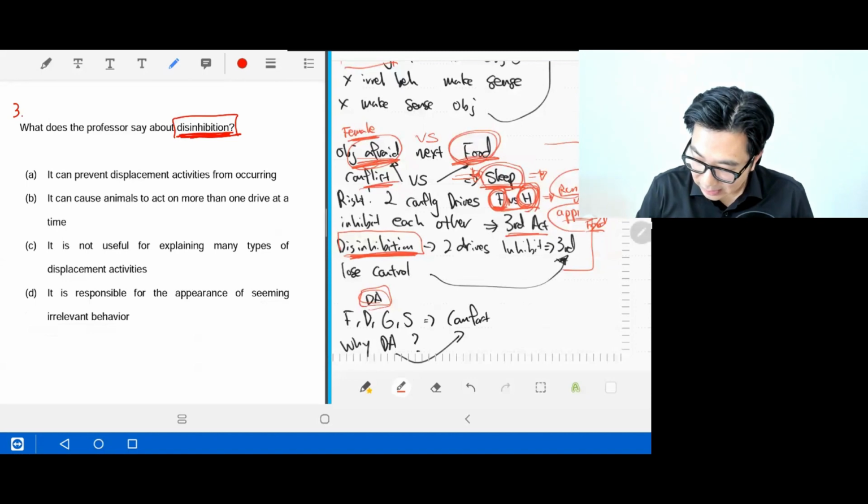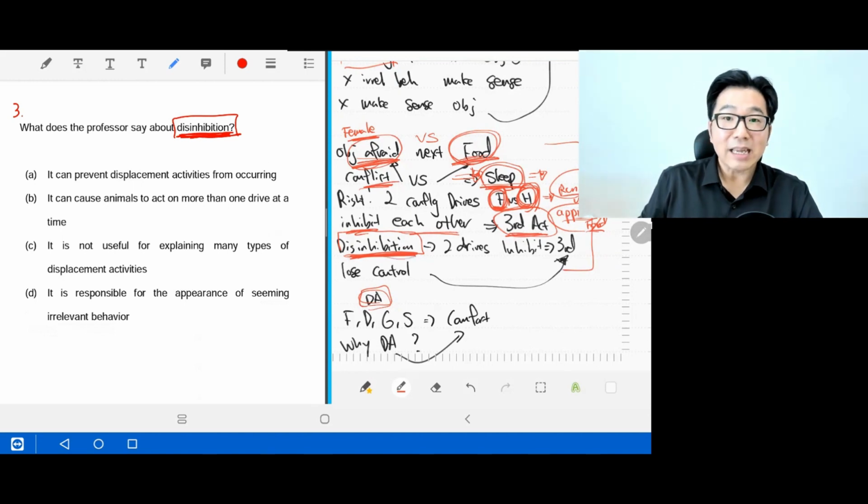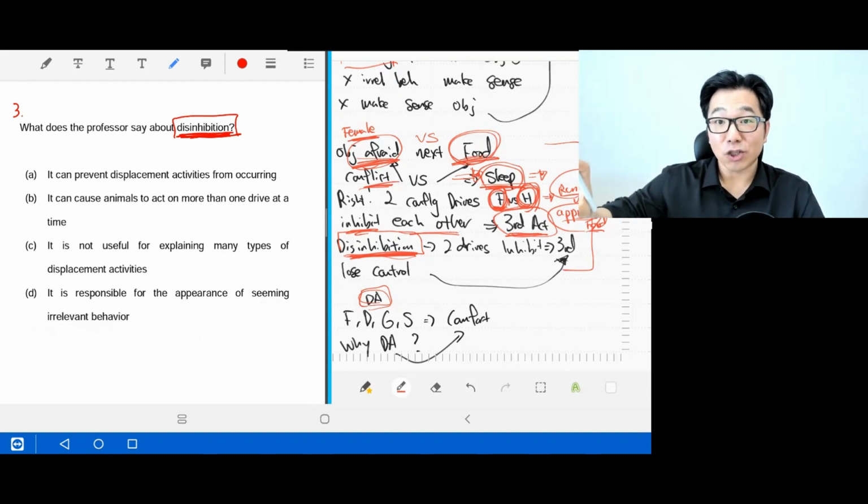And this inhibiting of two actions, okay, makes the third action happen. And this is displacement activity. So this inhibition means it failed to prevent the third action, which is displacement activity, from happening. So that's this inhibition to the third action.